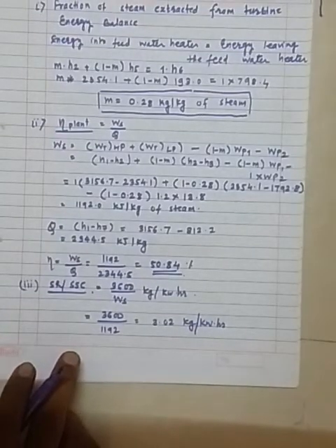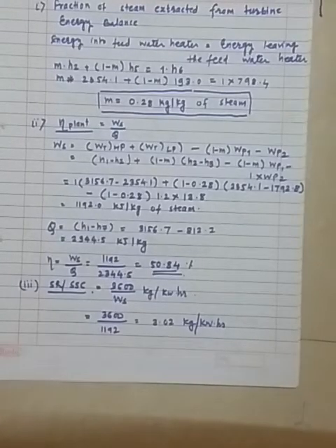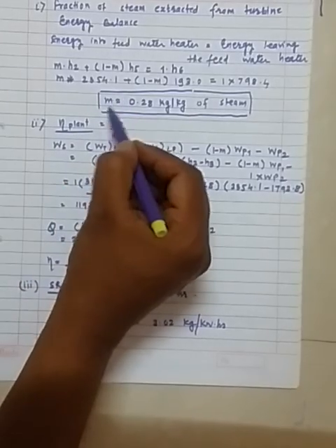So this is all about how to solve the problem related to the ideal regenerative Rankine cycle. In this problem, it is very important to understand how the fraction of steam we are extracting, and how to utilize the energy balance equation, that is energy into the feed water heater equal to energy leaving the feed water heater, because it is very important to get the value of M first.